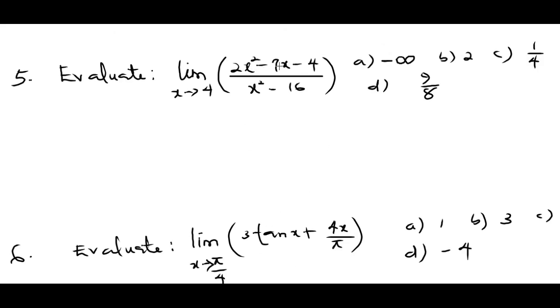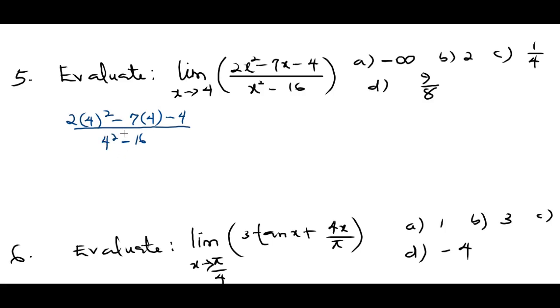Evaluate the limit of 2x squared minus 7x minus 4 all over x squared minus 16. Looking at this, since our x approaches 4, it will be wrong for us to just say this is 2 into 4 squared minus 7 into 4 minus 4 all over 4 squared minus 16.